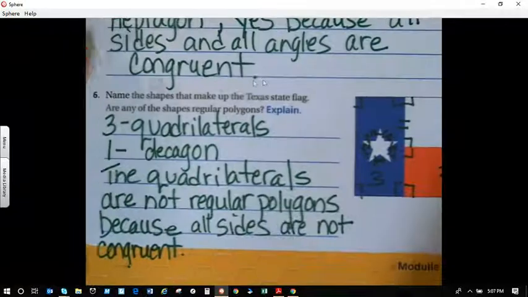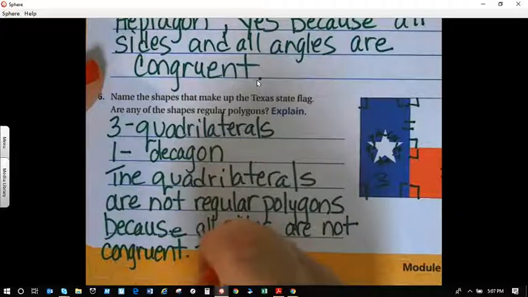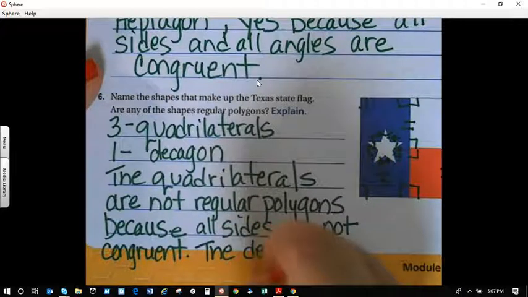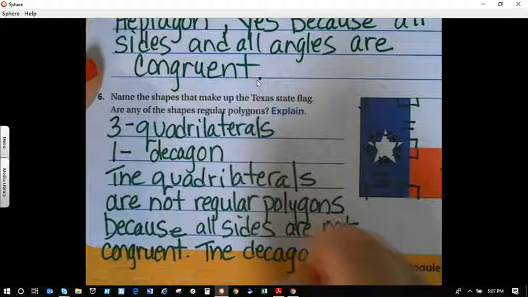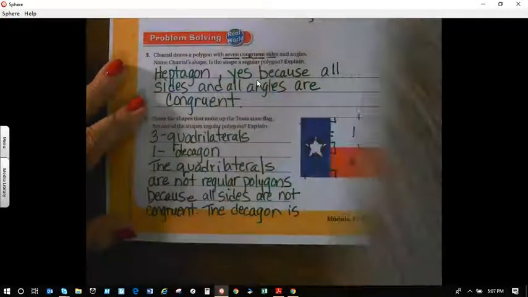Okay, and then I'll say the same about the decagon. I'm going to move this over here. I'm going to make this a little smaller so that I can squeeze that in.